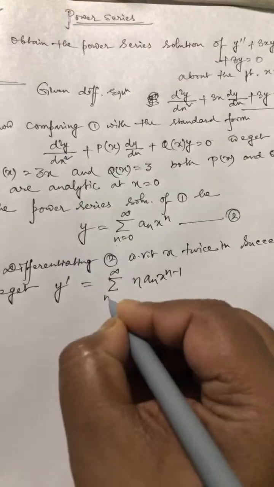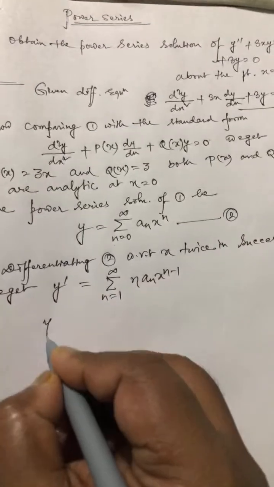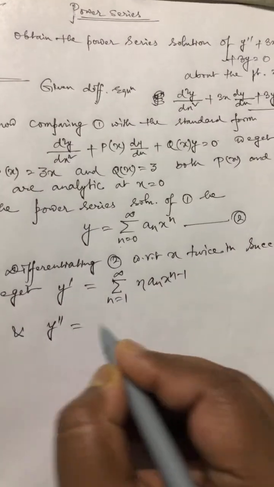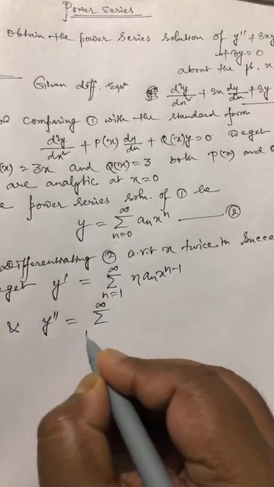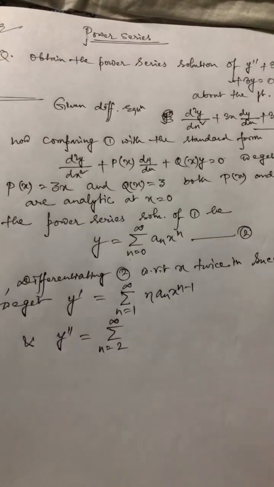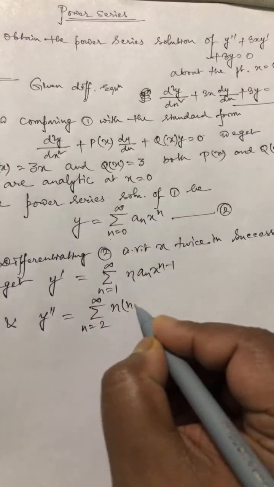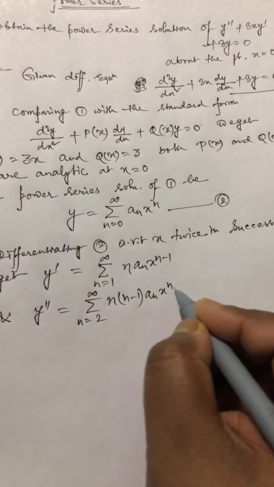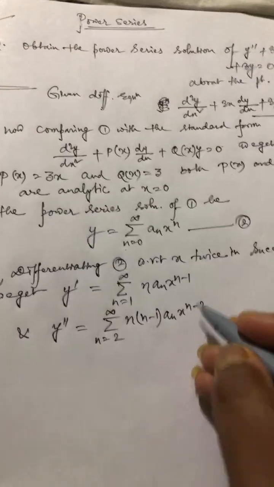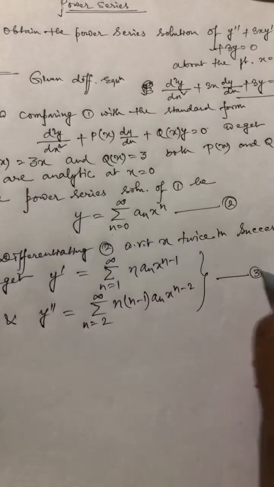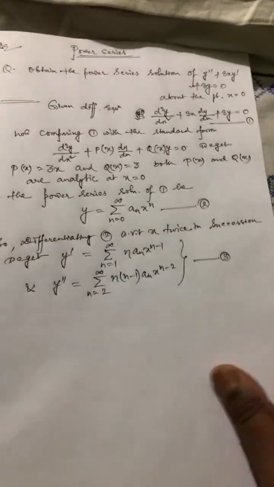It will be summation n equals 1 to infinity, and then y double dash is summation n equals 2 to infinity n into n minus 1 a n x to the power n minus 2. You can consider these two as equation number 3.